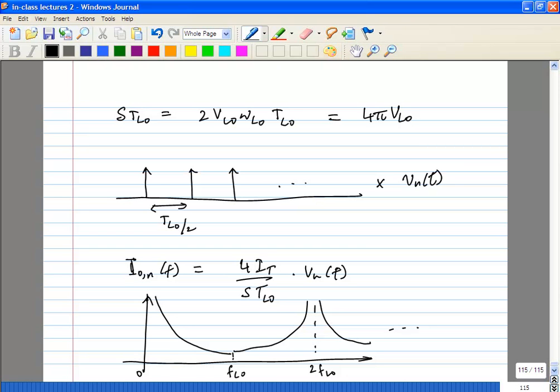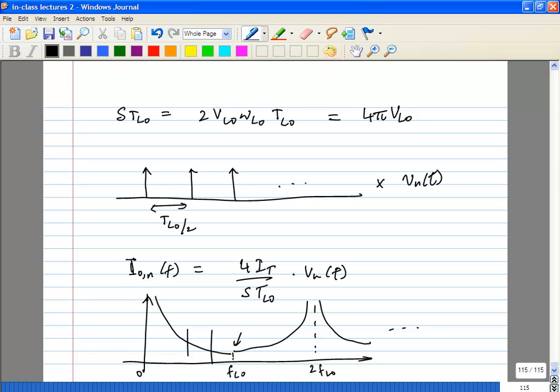Is that clear? But the nice thing to note is that at FLO there is no 1/f noise, and if you are interested in some IF frequencies, there is probably no 1/f noise, or very little contribution from the 1/f noise, if the IF frequency is high enough.